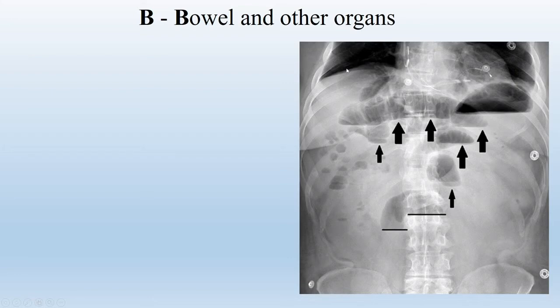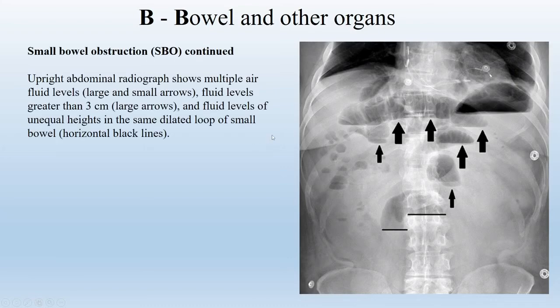The previous one was supine. The arrows give some hints to the case. So you see multiple air fluid levels, which is in keeping with a small bowel obstruction. And again, the lumen of the small bowel is greater than 3 centimeters, so it is considered distended.